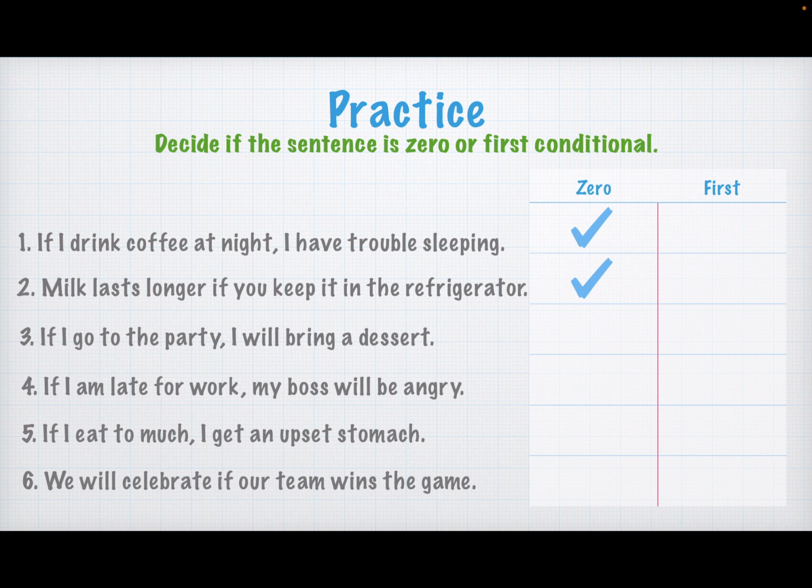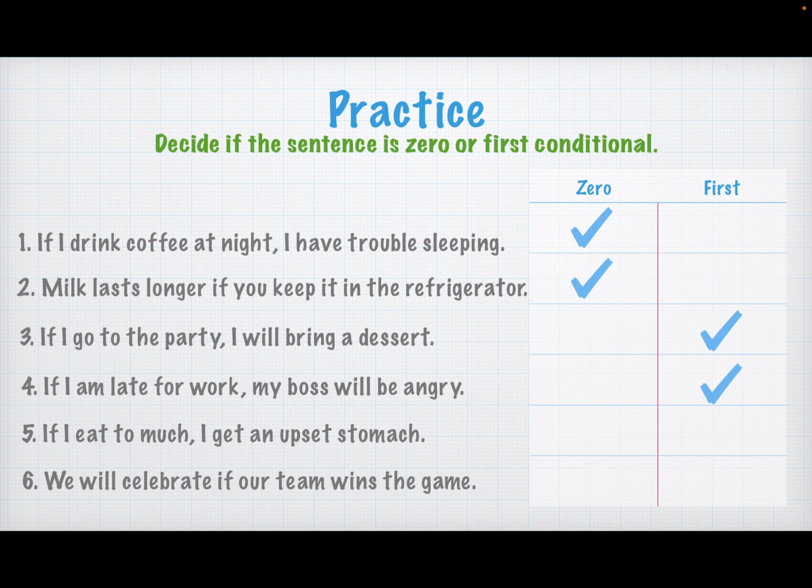Number 3, if I go to the party, I will bring a dessert. If you said first conditional for this one, you are correct. I've got I will bring, future tense, so that tells me that this is a condition expressing future possibilities. That's the first conditional. Number 4, if I am late for work, my boss will be angry. Also a first conditional.